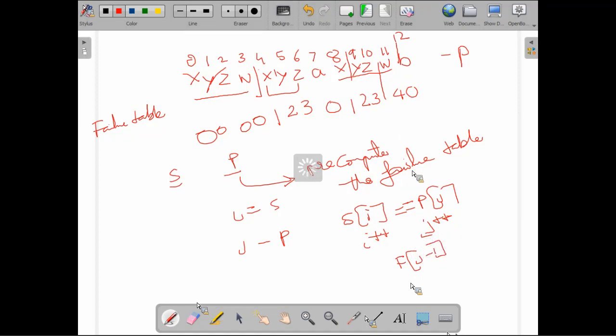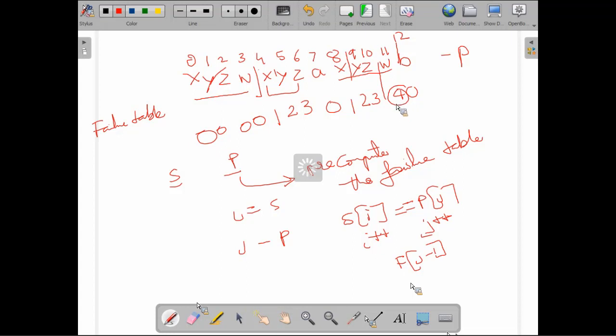Okay. So suppose here the failure is here, what is the value located in the table at j minus 1? It is this, 4. So I will look at that position. It means that 4 characters are matched. So now, whatever the value of j, I will not go back to the beginning. I can go 4 characters forward, because 4 characters are matched.